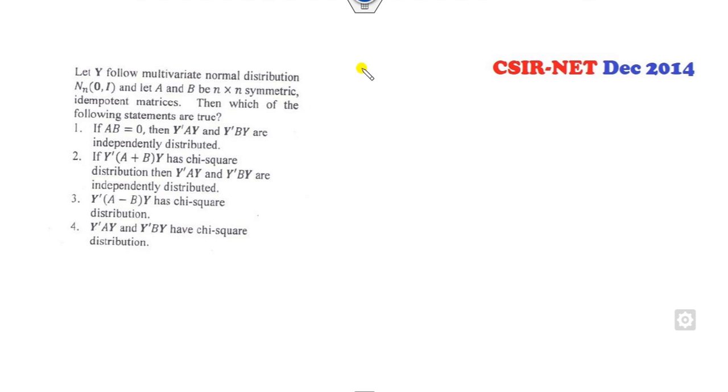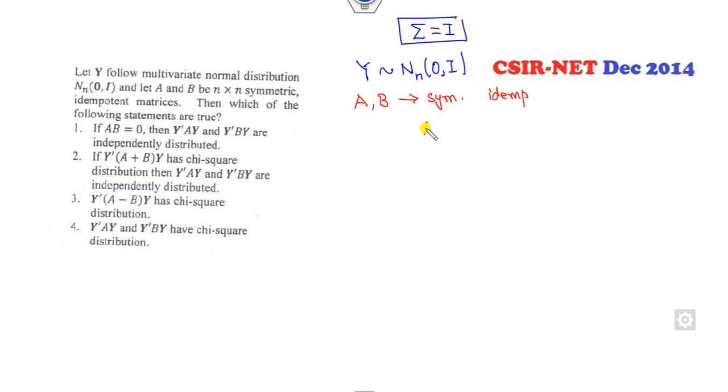Look at this another one. Y follows the normal distribution with n variable 0, I. So it means sigma is my I. Fine. A and B are my symmetric matrix and idempotent. Means A square is equal to A, B square is equal to B. This is given to you. Then independent.